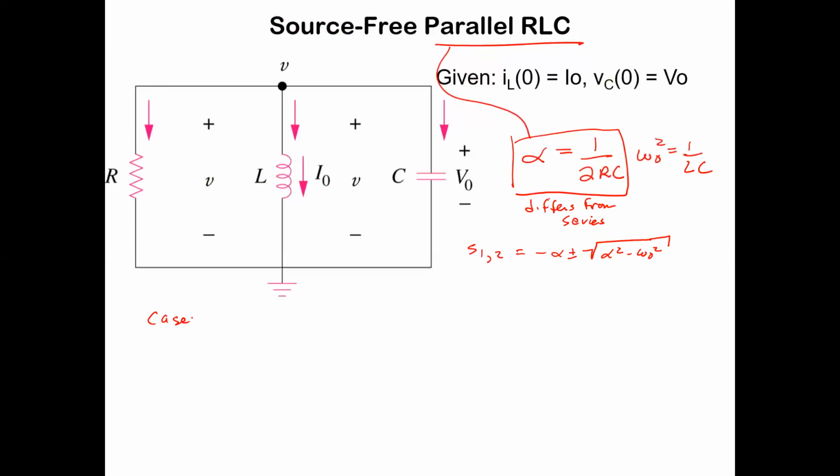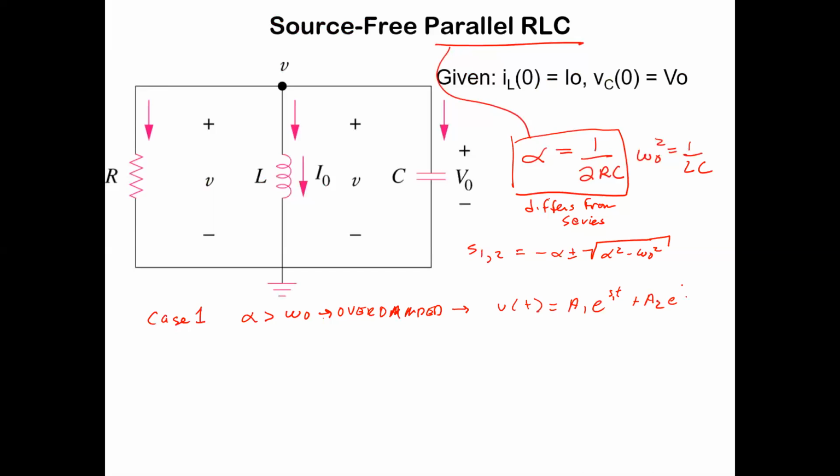You still have the same cases. Case 1 is where alpha is greater than omega 0, and that's the overdamped case. That's where your solution is v of t equals a1 e to the s1 t plus a2 e to the s2 t.